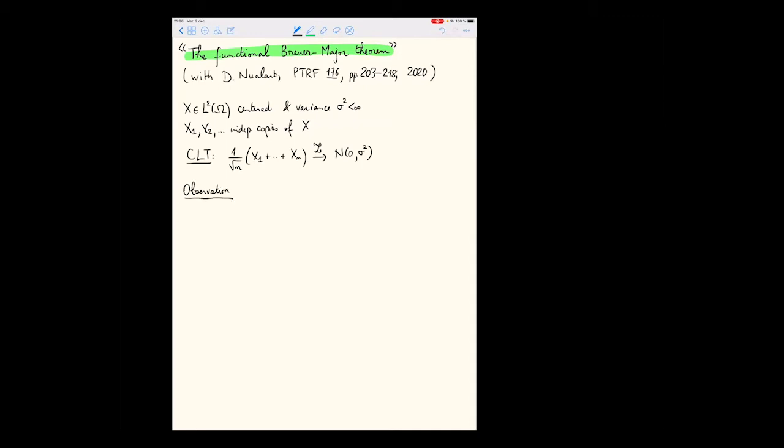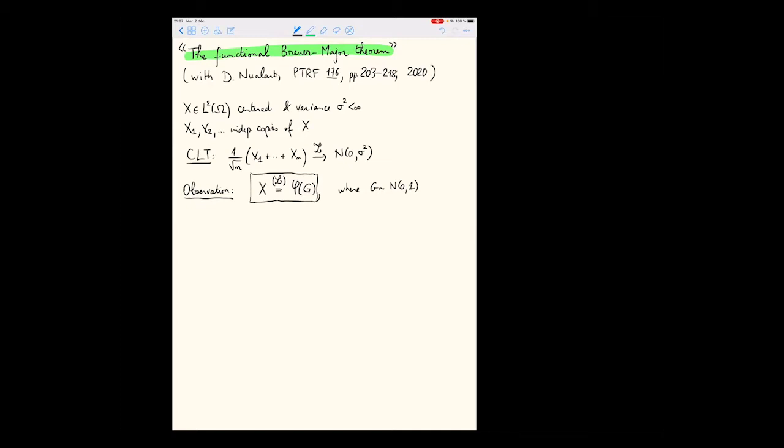Now let me make this very easy observation: my random variable X can always be represented, in law, as a function phi of G, where G is a standard Gaussian. There is nothing deep behind this. It is exactly the same statement as saying that any random variable, discrete or continuous, can always be simulated using the uniform distribution.